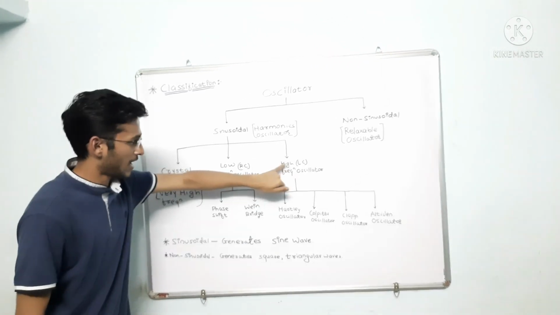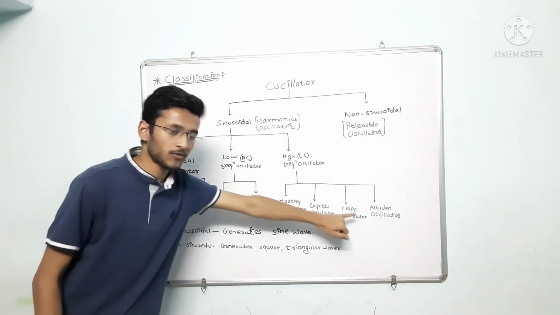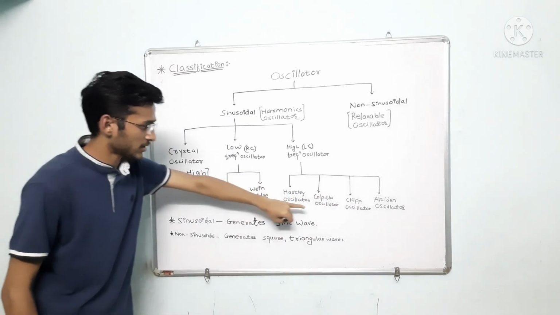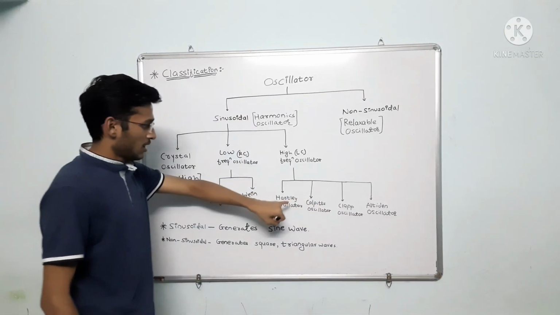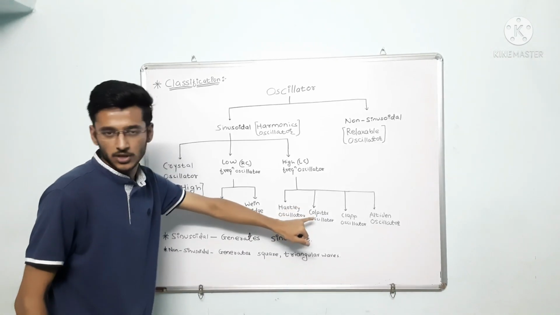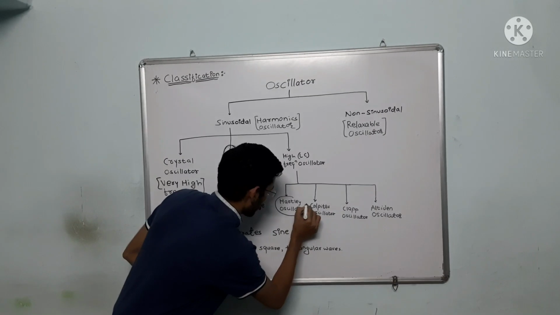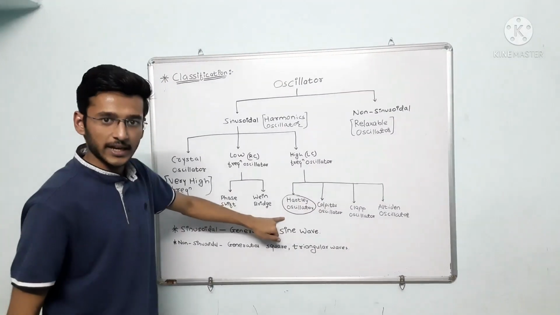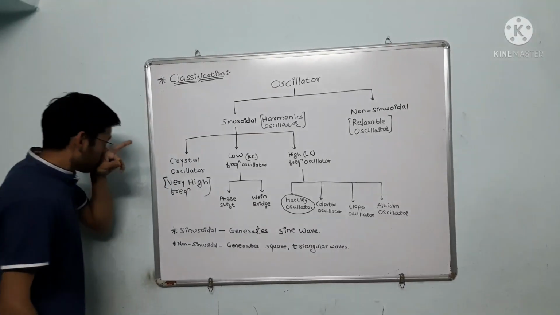High frequency oscillators, also known as LC oscillators, are divided into four subtypes: Hartley oscillator, Colpitts oscillator, Clapp oscillator, and Armstrong oscillator. But in our syllabus we have to study only Hartley and Colpitts oscillators. Now we are just going to see the Hartley oscillator, its whole circuit diagram along with its equation of frequency.